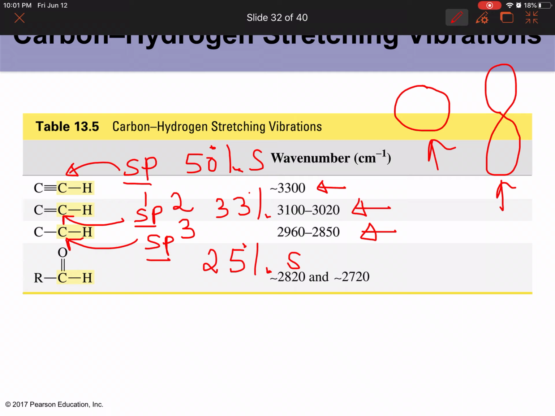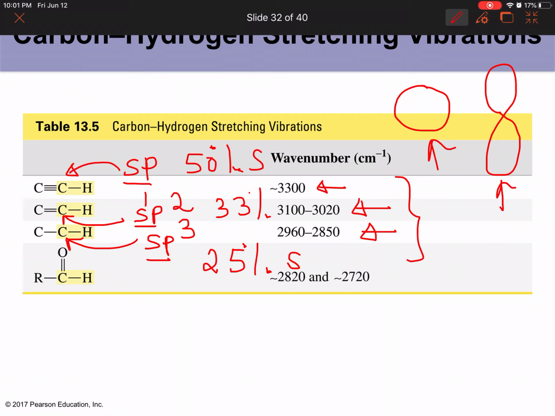So the more s character an atom has, the more the electrons are held close to the nucleus, and as a result you can have a stronger bond. So the sp carbon-hydrogen is a strong bond, then the sp2 carbon, the alkene carbon and the hydrogen, and then the alkane carbon and the hydrogen. As a result you will see this pattern in the wave numbers. The sp carbon and hydrogen at 3300 need more energy to vibrate, for the stretching vibration, and as a result have a higher frequency and a higher wave number.